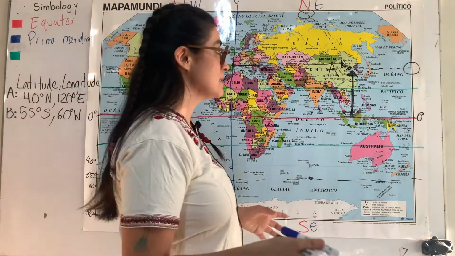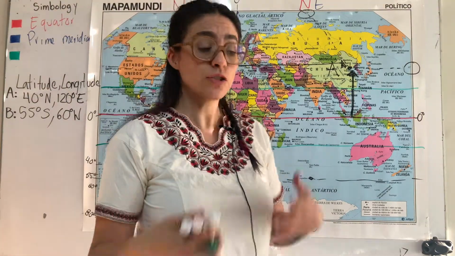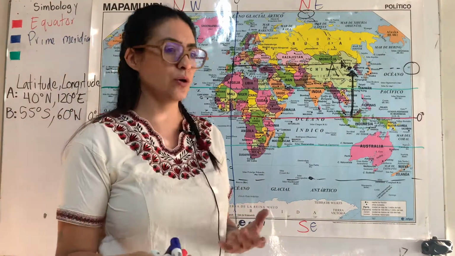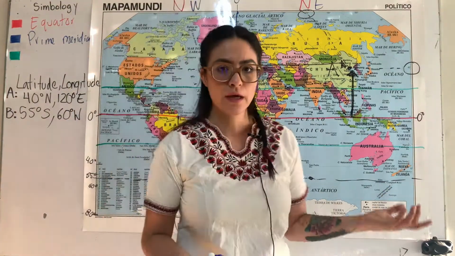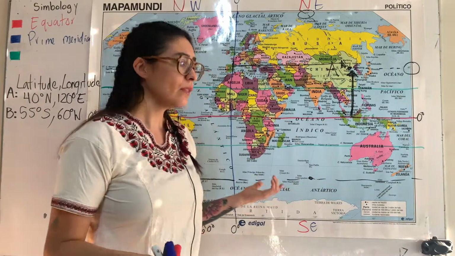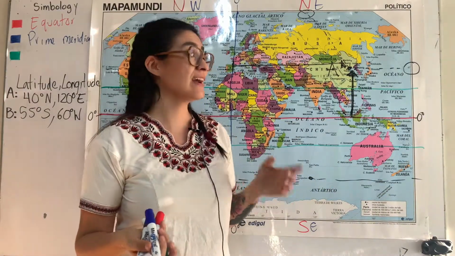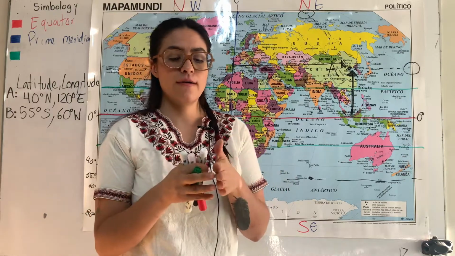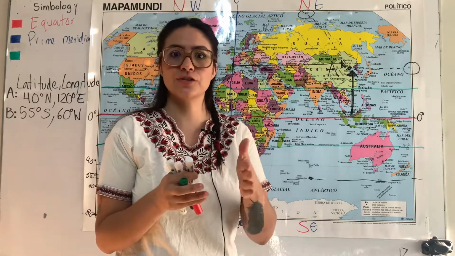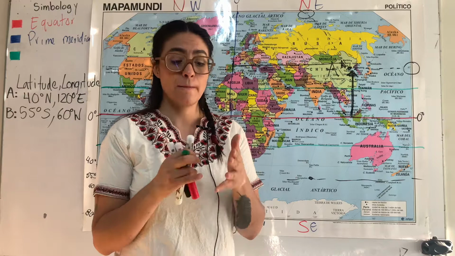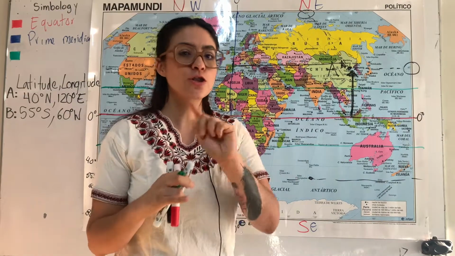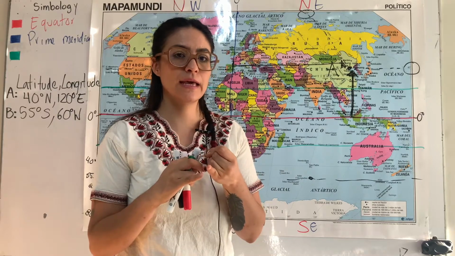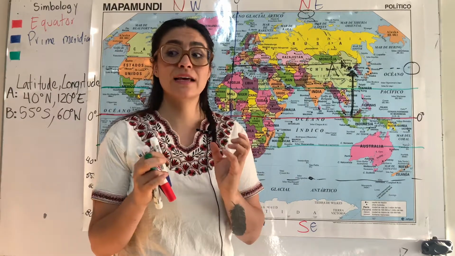So using the system, just remember, you can find places in any place of the world. You can know where you are using a map, and we're gonna see in the next video that the degrees are not just degrees, they have fractions, and those fractions are minutes and seconds, not the ones that are talking about time, the ones that are talking about distance, but in a sphere.